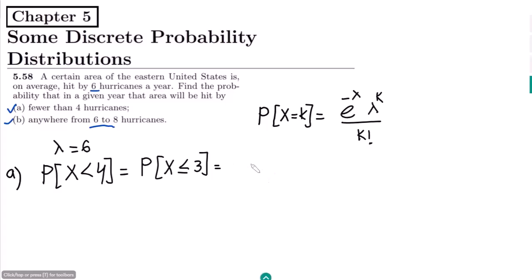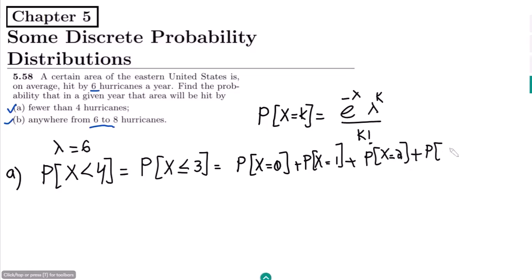We have to find the probability of x equal to 0, plus x equal to 1, plus the probability that x equal to 2, plus the probability of x equal to 3. These are all the values of k. Lambda will remain the same. You have to add them, and then you will find the probability. This is basically one method.